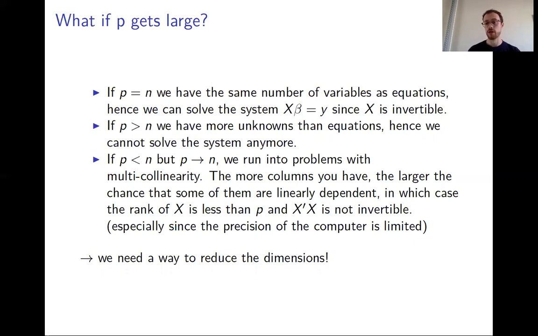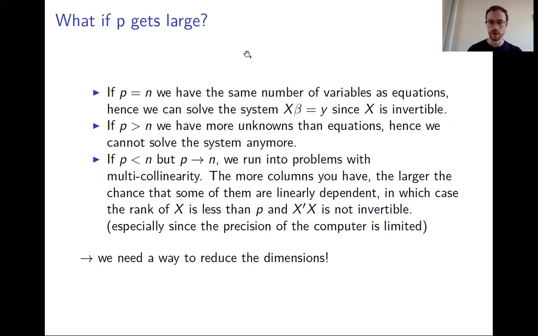And this is especially problematic when you're using computers, because computers have limited precision. So even though they're technically not linearly dependent, the limited precision of your computer might just think that these several variables are so close to each other that they might as well be linearly dependent. So what we need is a way of reducing the dimensions.